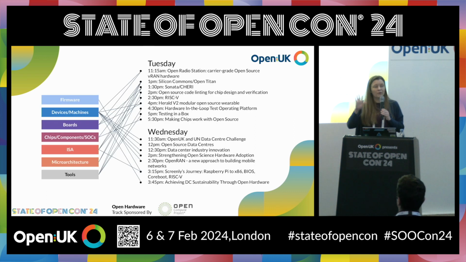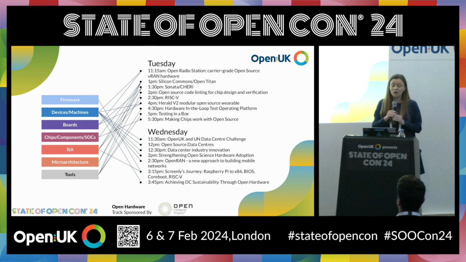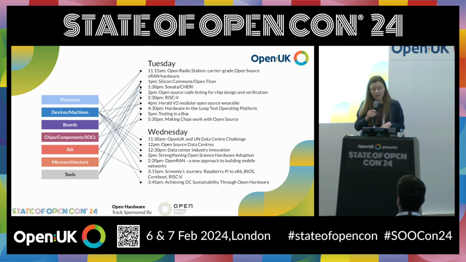So the track that we have for you is covering the full spectrum. Our first day has a little bit of everything. We have some about devices and boards and chips and ISAs and microarchitecture and tools. The second day is focused more on the devices end of the spectrum, and especially it'll be a lot about open compute, about open hardware in data centers, open servers in data centers.